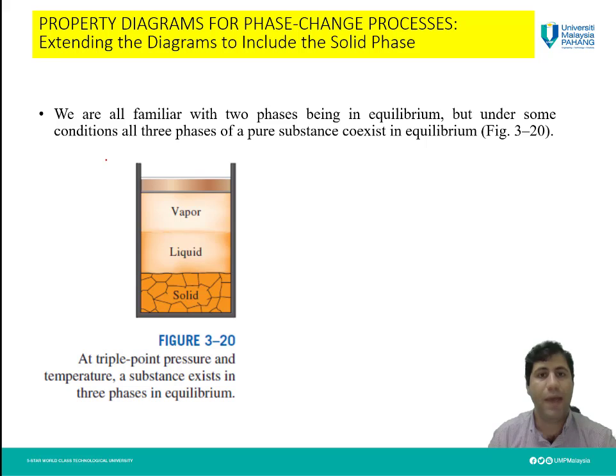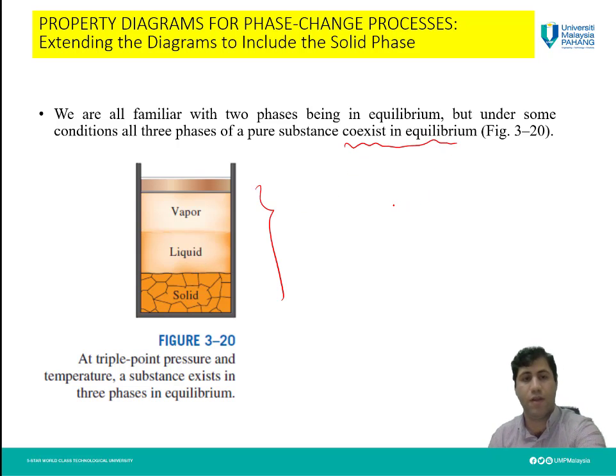And you may notice that in some conditions we have all three phases together. Like what we have here, we have solid, liquid, and vapor phases for just one substance in an equilibrium condition, or they coexist in an equilibrium condition.